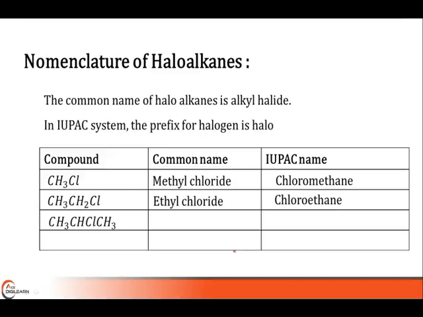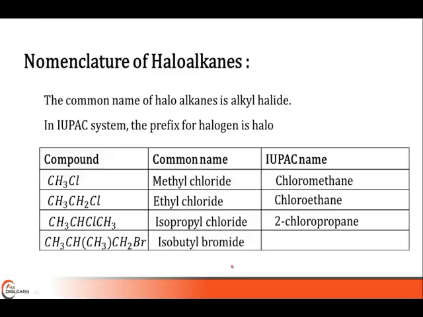CH3CHClCH3, the common name is isopropyl chloride because chlorine is attached to the isopropyl group. The IUPAC name is 2-chloropropane because the chlorine is attached to the second carbon atom in the primary chain. For this compound, the common name is isobutyl bromide, and in the IUPAC system the same compound can be named 1-bromo-2-methylpropane. So (CH3)2CH-CH2Br.